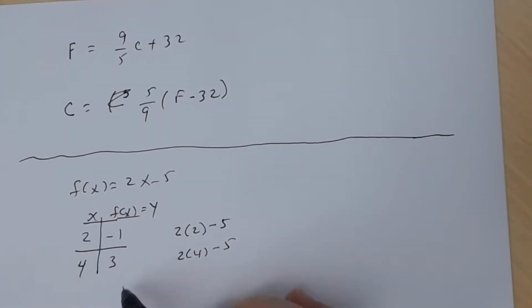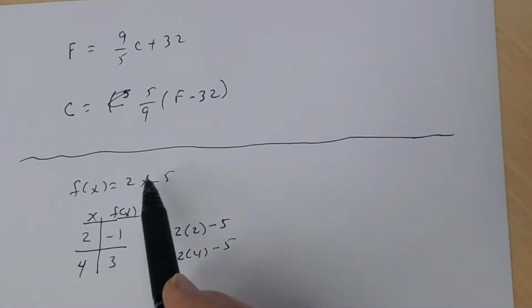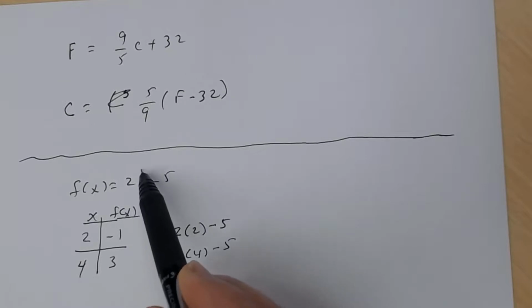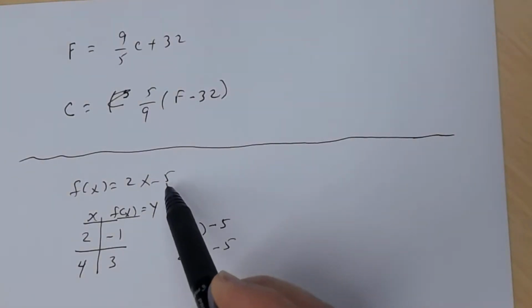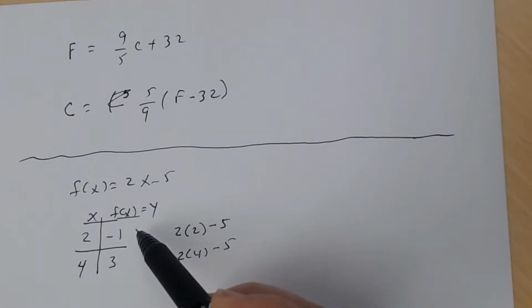Regardless of how many examples you use here, notice that the operation being performed by the function f is multiplication first, and then you subtract 5. So subtraction will be done next.